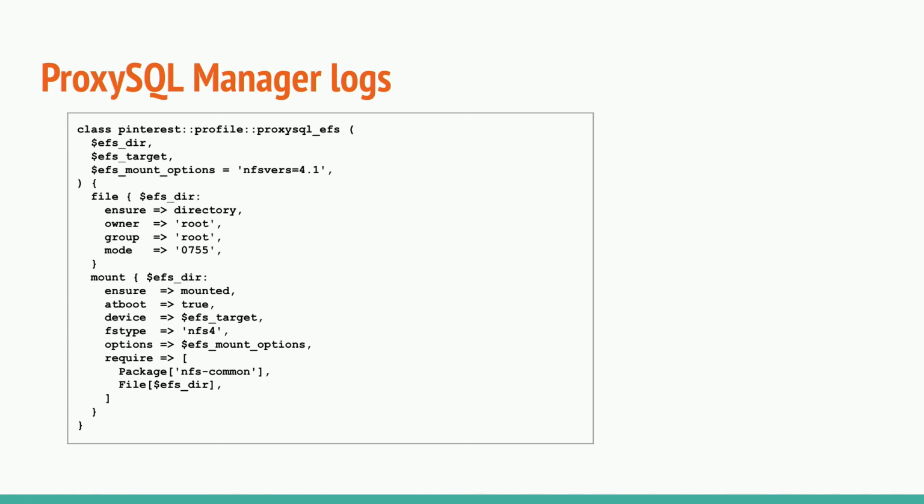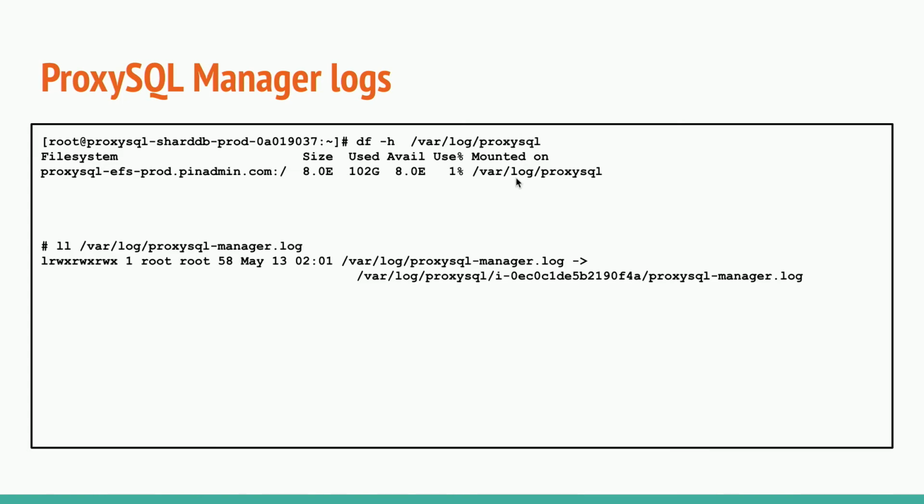This is a piece of Puppet code that mounts this volume. The good news is that underneath, EFS is an NFS server that you can mount as a normal NFS file system. I mount it, and I create a symlink, so this file is actually stored on the EFS volume.